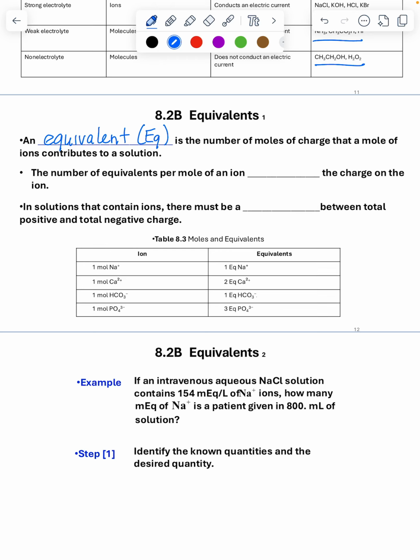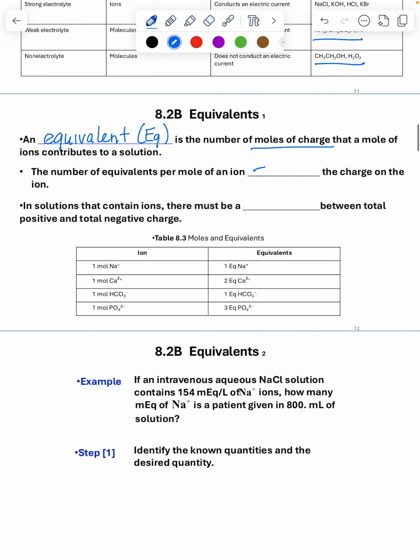So the number of equivalents per mole of an ion equals the charge on that ion. So if I have a sodium ion that has a +1 charge, it's going to have 1 equivalent. 1 mole of sodium ions has 1 equivalent, as we see in this top row of our chart here.